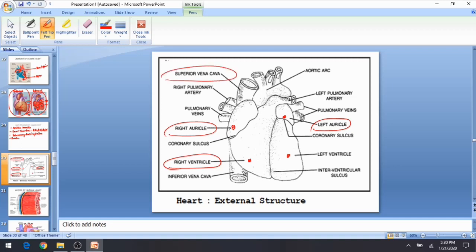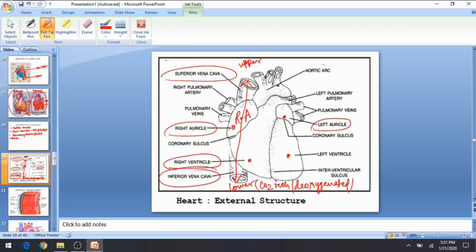These are the superior vena cava and inferior vena cava. These are the long tubes that bring blood from the upper part and the lower part of the body. They generally bring carbon dioxide rich blood, also known as deoxygenated blood, from the upper and lower parts of the body and pass it to the right atrium.